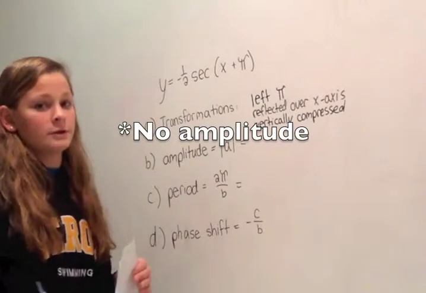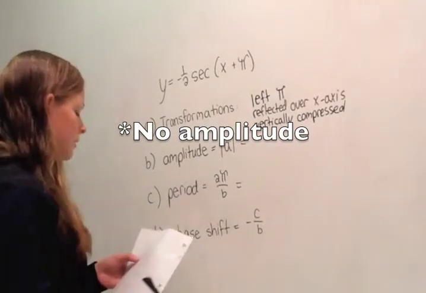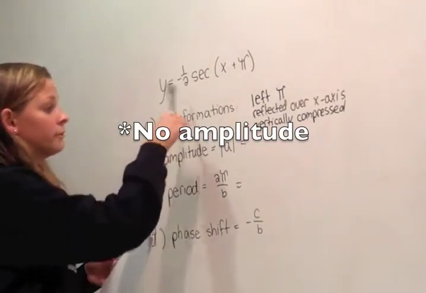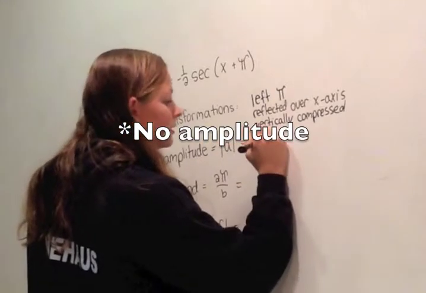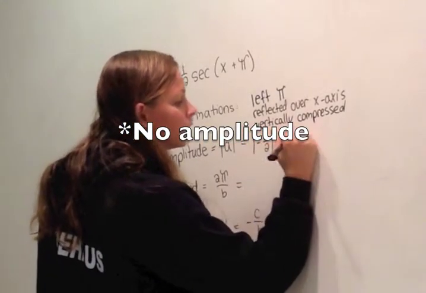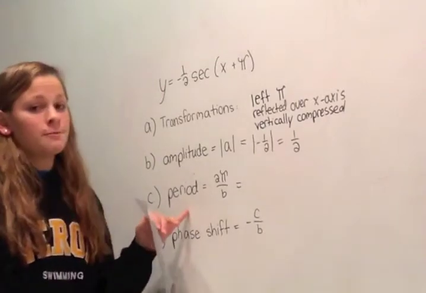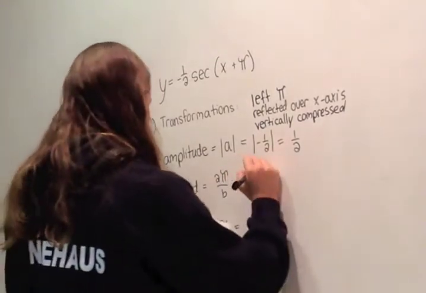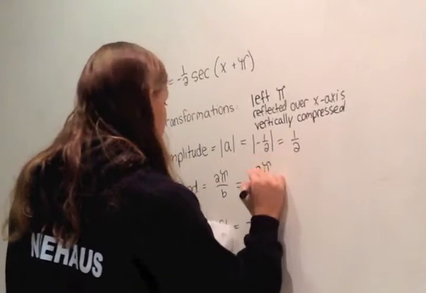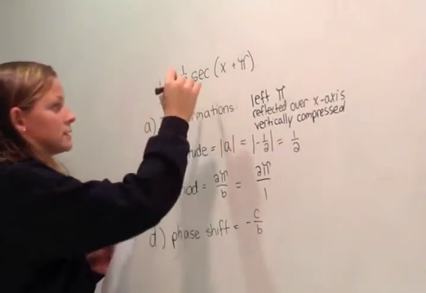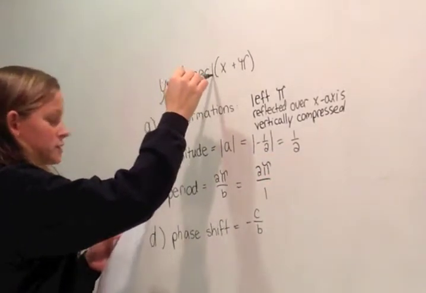There is no amplitude in this equation because it is a secant graph and the curves extend infinitely in both up and down directions. To find the period, you do 2 pi over b. In this case, it would be 2 pi over 1 because the coefficient of this equation is 1.